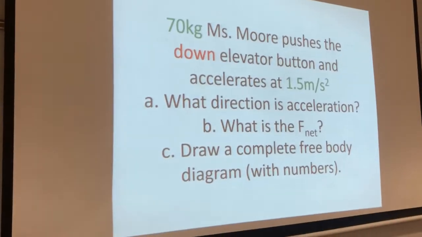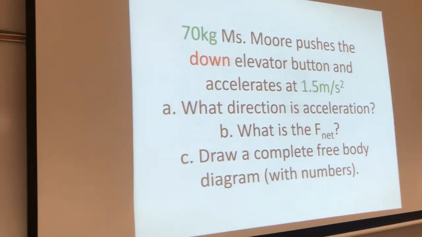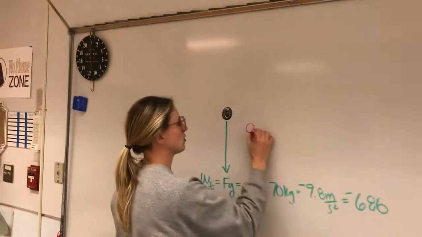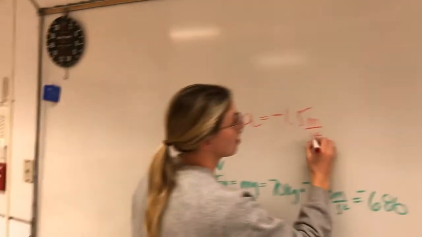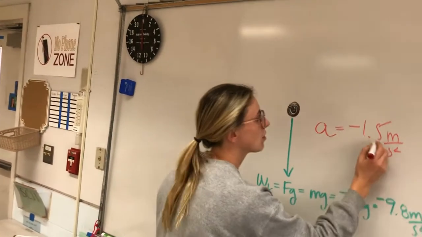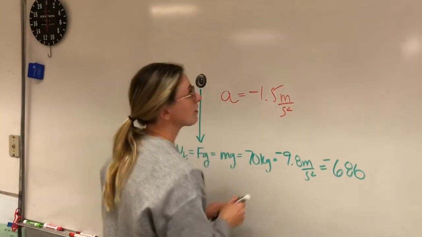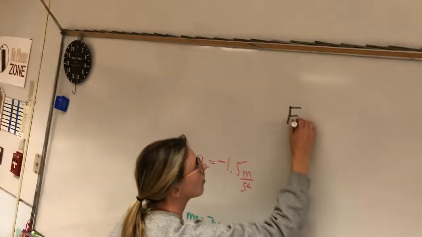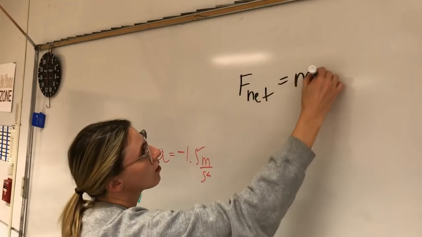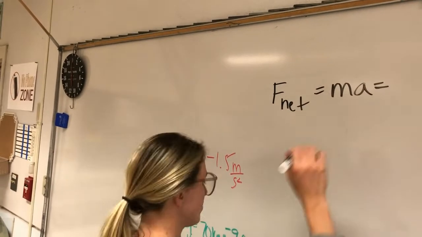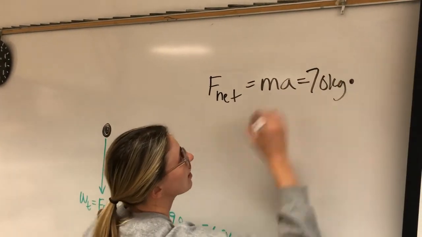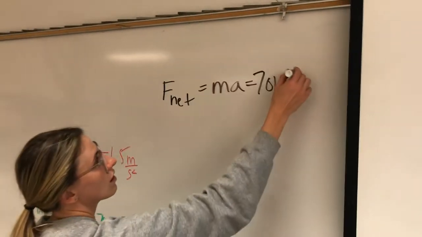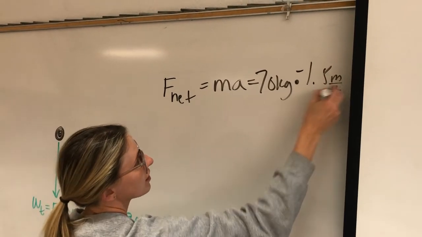Okay, so we used to be able to just make the force up the same, but we can't. Why? Let's find out the net force first. First of all, what direction is the acceleration? Down. I'm going to say negative 1.5. We already said this, but I just didn't write it yet. Okay, and then what's the net force? Well, that's mass times acceleration, always. Now, my mass is 70 kilograms, and the acceleration is negative 1.5 meters per second squared.